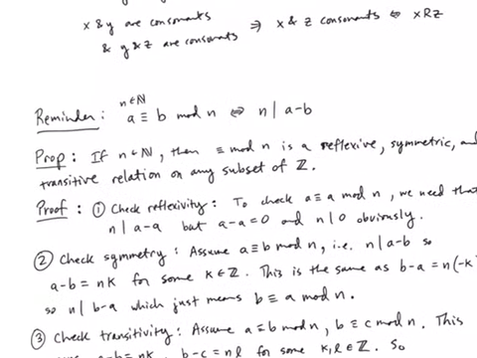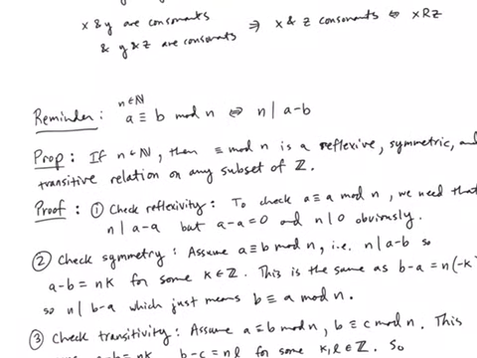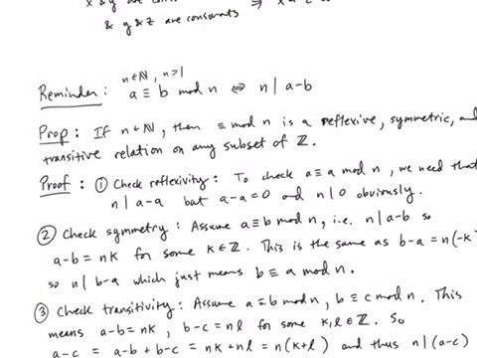So equivalence modulo some natural number n bigger than 1. Maybe I should have said that here. Yeah, so our n here is bigger than 1.